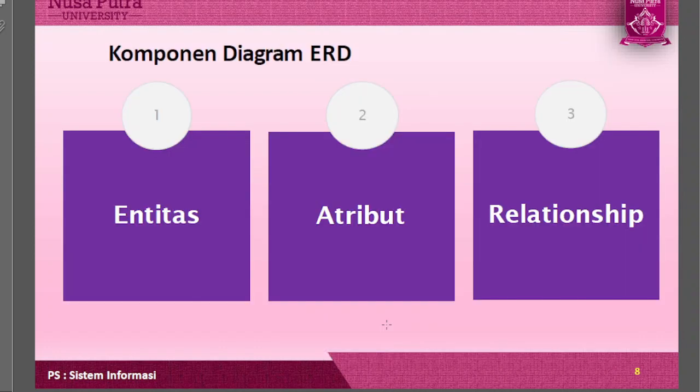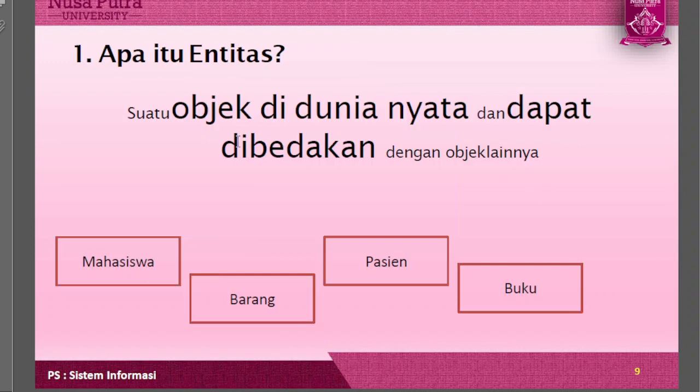Okay, next one. The component diagram ERD, there are three components, namely the first is entity, the second is attribute, and then relationship. What is the entity? The entity means an object in reality.